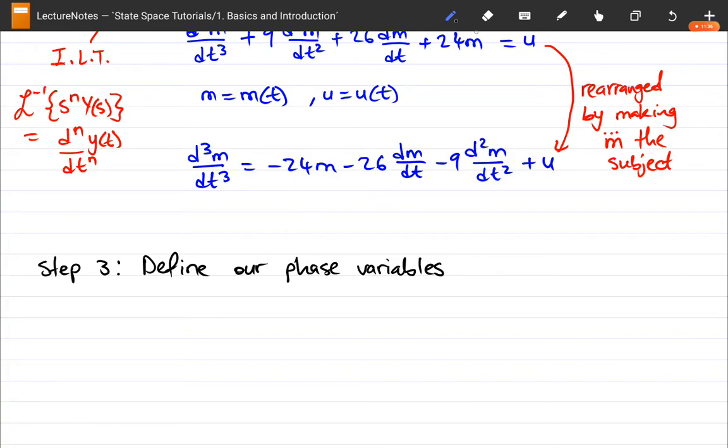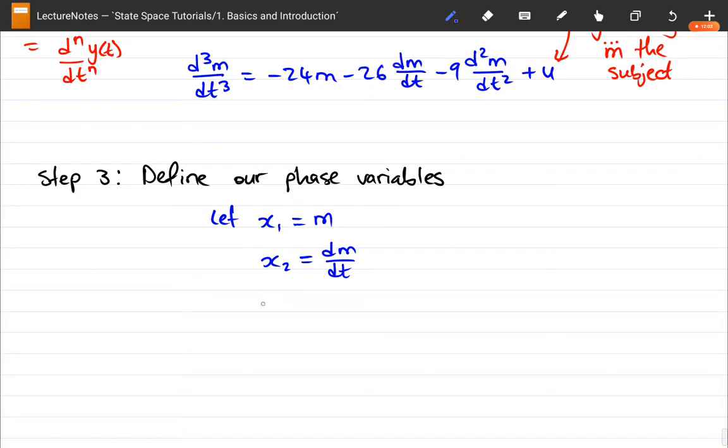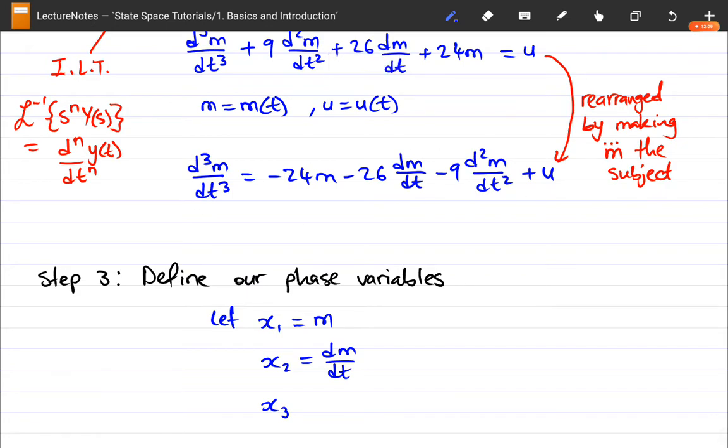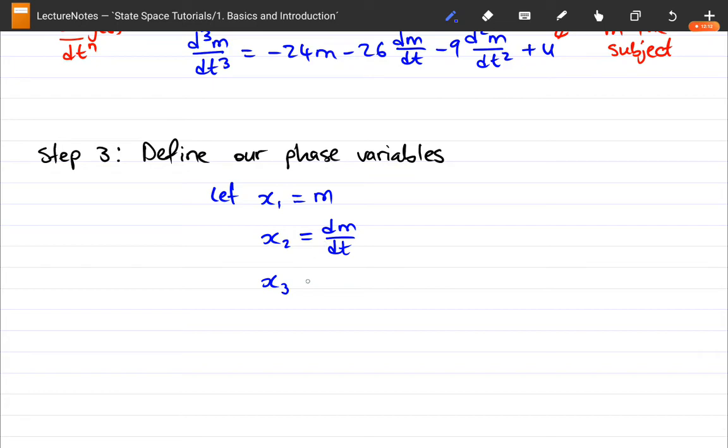So we can say, let x1 equal m, and let x2 equal the first derivative of m with respect to time, and x3, which is our highest order in this differential equation, d3, so we're going to have 3 phase variables, equals the second derivative of m.